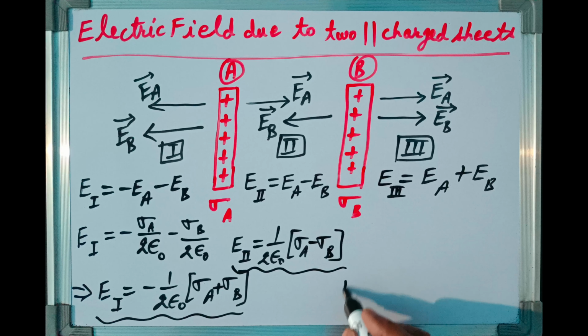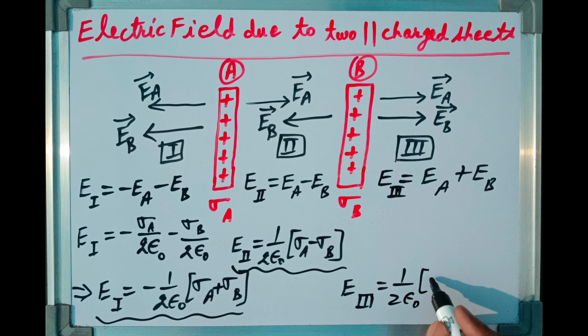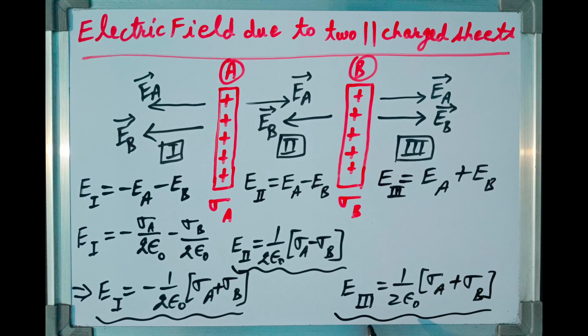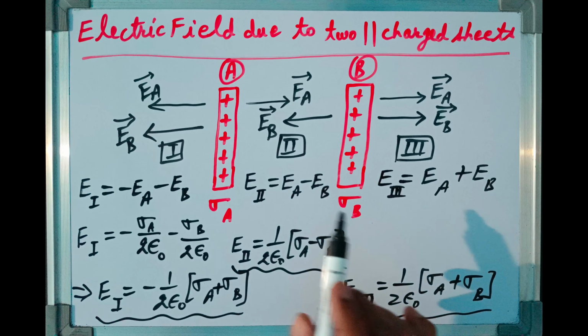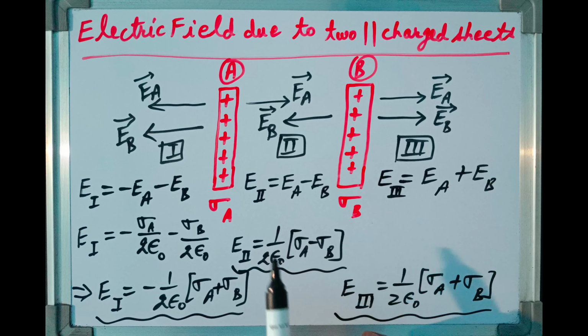In the third portion, we shall get answer E equal to 1 upon 2 epsilon naught bracket sigma A plus sigma B. This is how we can derive expression for net electric field in three portions around the charged parallel sheets.